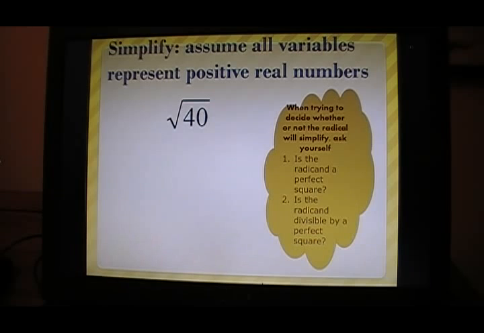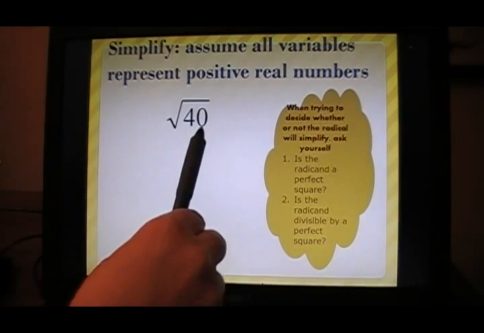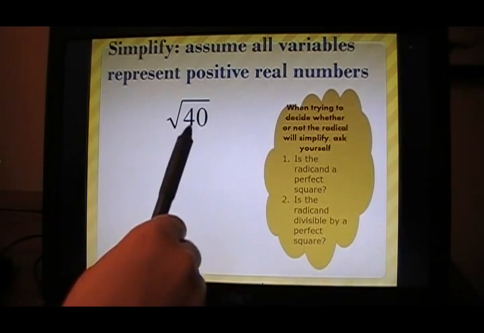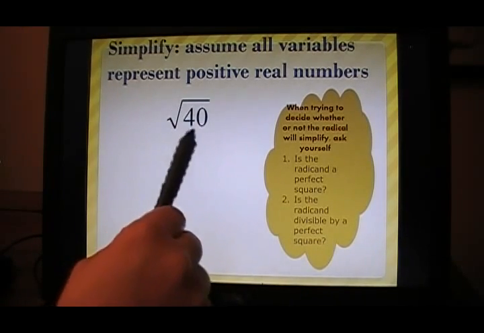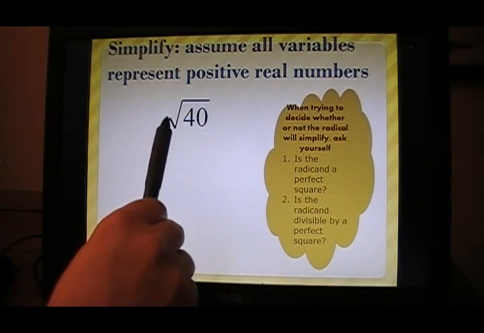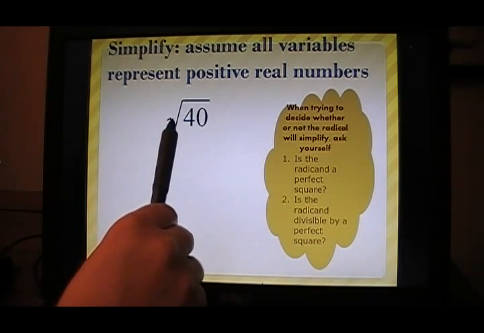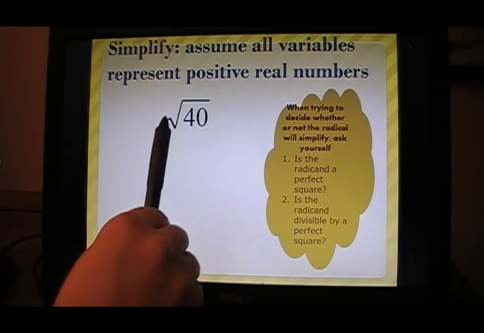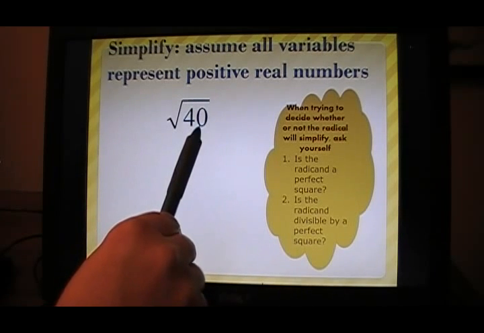So you should always first start to try to find a rational number. So when you're dealing with numbers, you're looking for some real rational number that you can multiply. Here, the index is 2. So I'm looking for something that I can multiply twice to get 40.